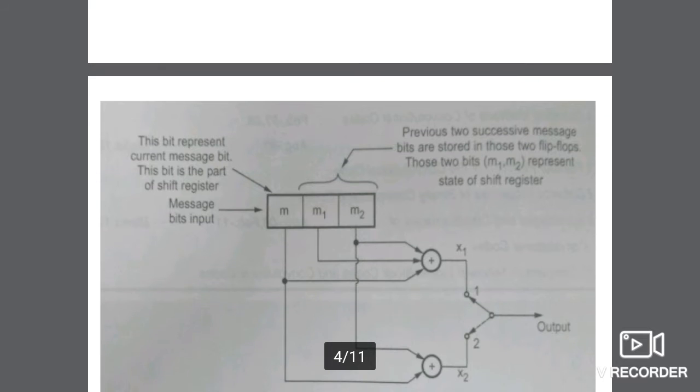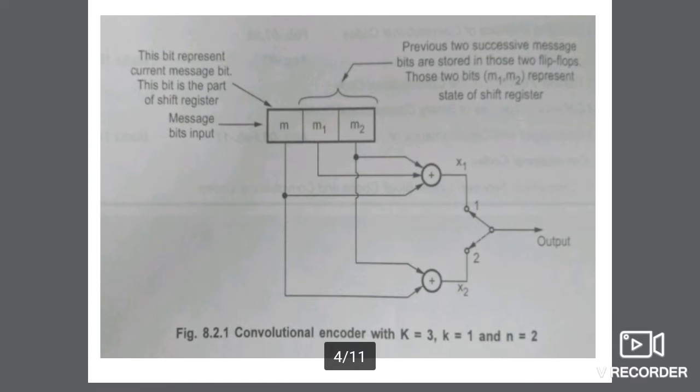and this is the basic block diagram of a convolution code. We have three message bits: m, m1 and m2. m is the message bit input only. This bit represents the current message bit.